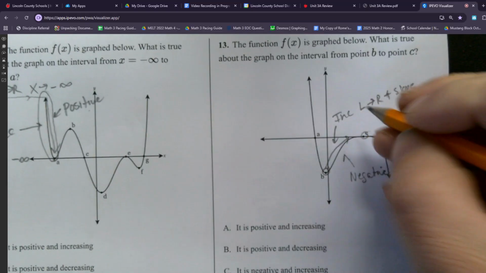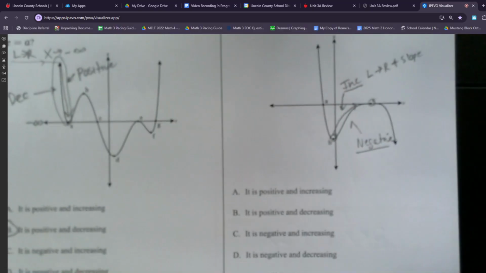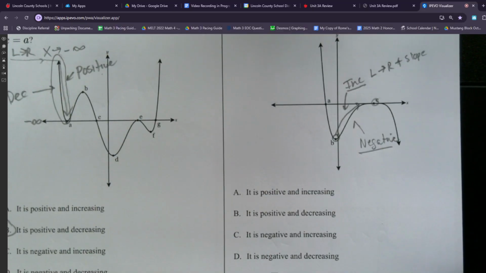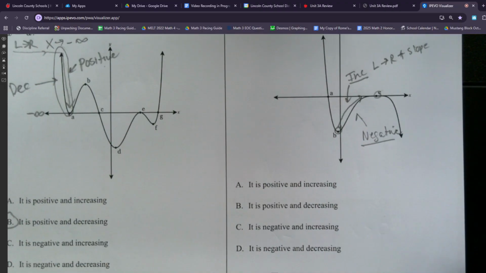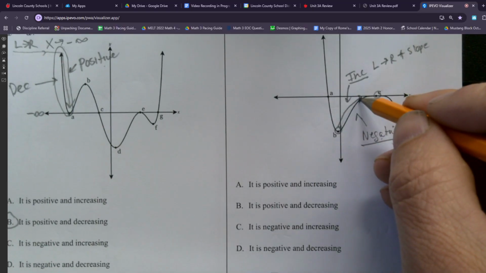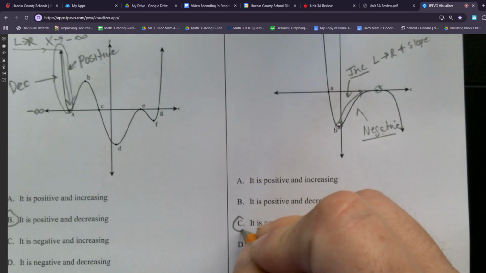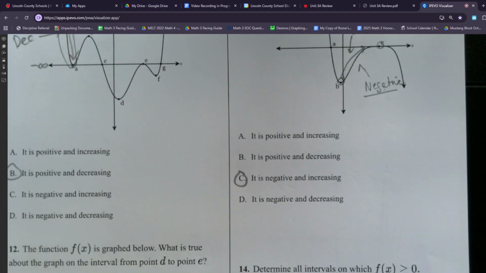So that means it is increasing, and it's negative because it's below the x-axis. If it's negative because it's below the x-axis, and it's increasing from left to right because it's got a positive slope, then the answer would be C, negative and increasing.